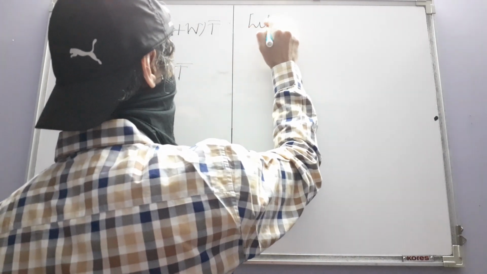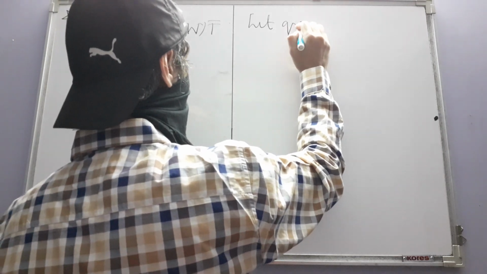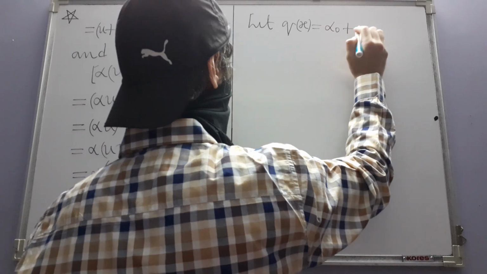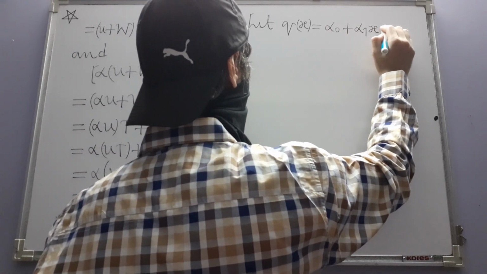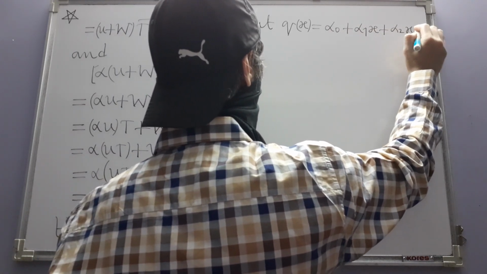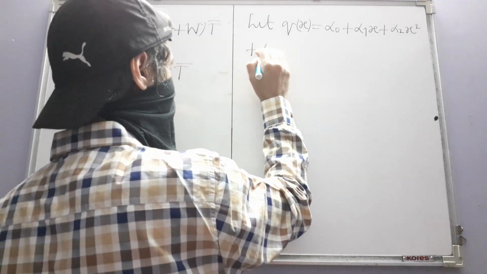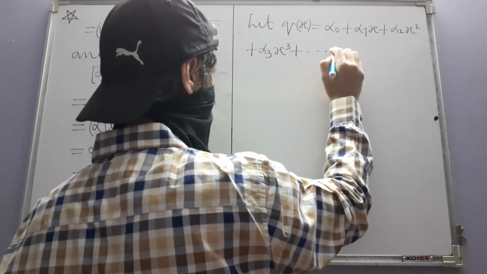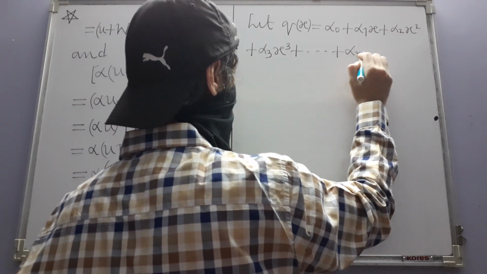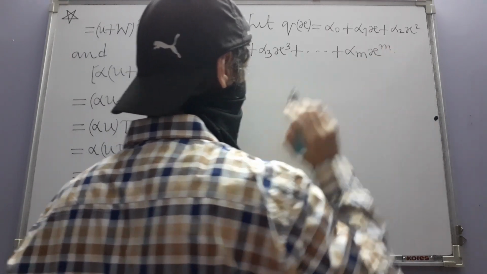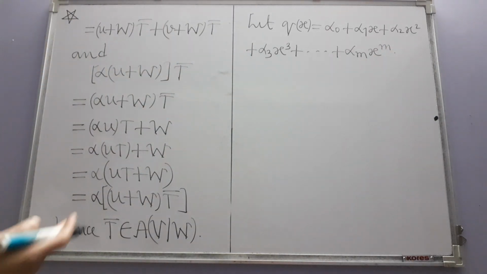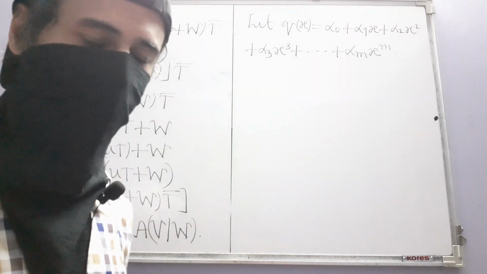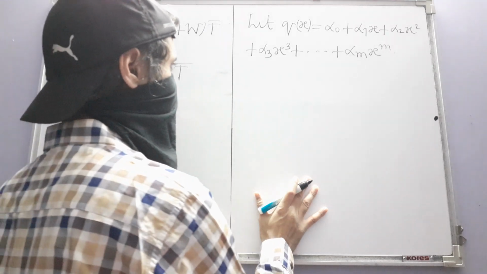Let Q(x) be alpha naught plus alpha 1 x plus alpha 2 x squared plus alpha 3 x cubed, and so on up to alpha m x to the power m, where of course it's understood that these alpha i's are all coming from the field capital F.